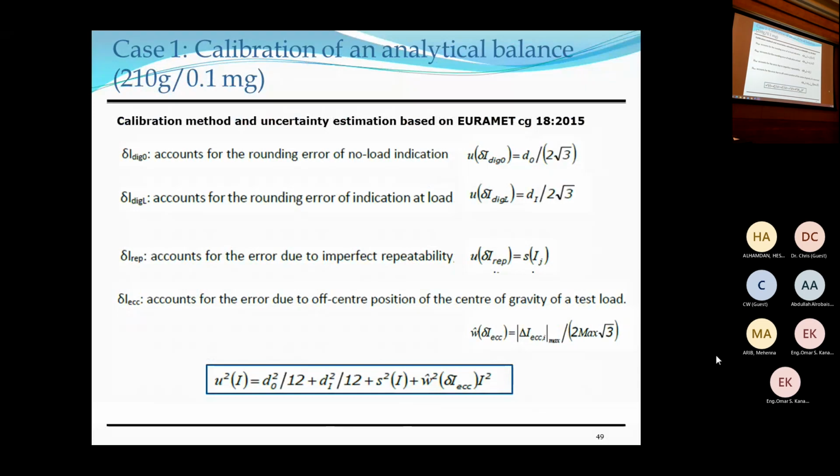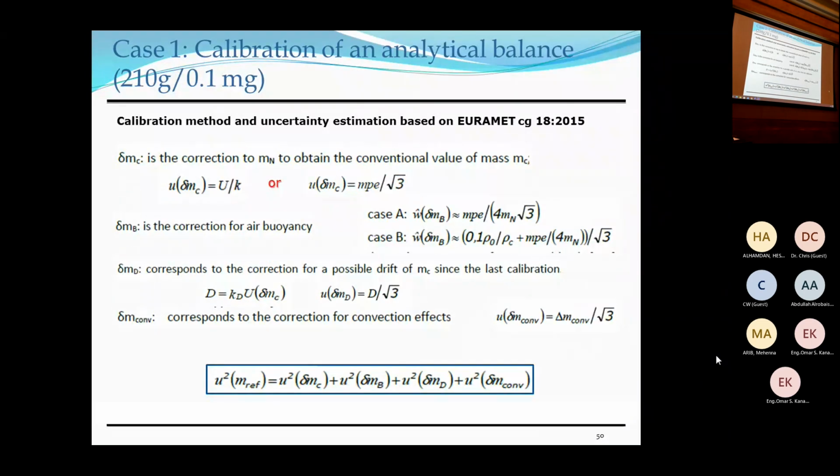And why are we doing this? Because typically the eccentric error depends on how large the mass that I put on the balance is. The smaller the mass, the smaller the eccentric error. That's the reason.